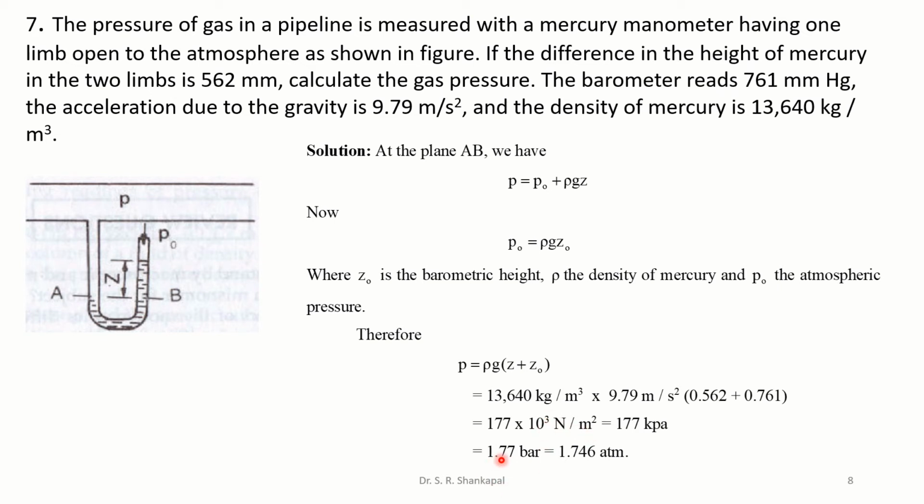So you can call it 1.77 bar. So 1 atmosphere is equal to 1.01325 bar. If I make that conversion, I will get 1.746 atmosphere. This is what you call the pressure that is acting at this point.